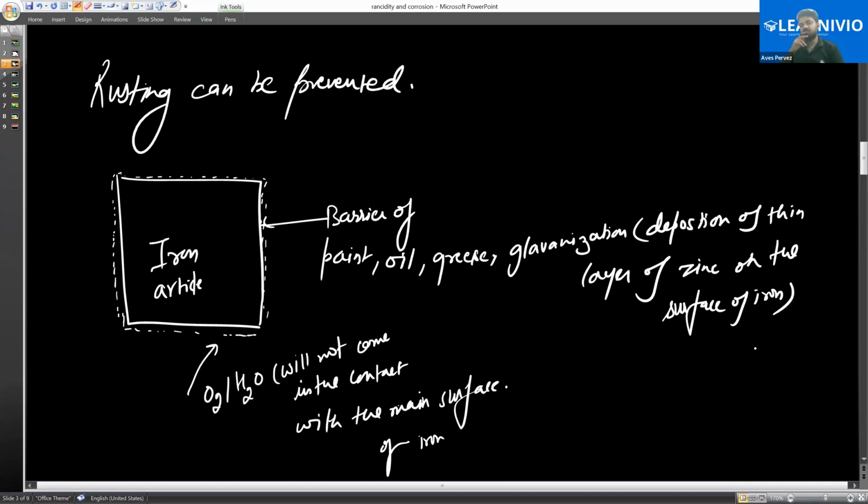You're done? This is very simple. Write it fast. Answer. Note it fast. This is an iron article or iron part, iron substance, it can be anything.